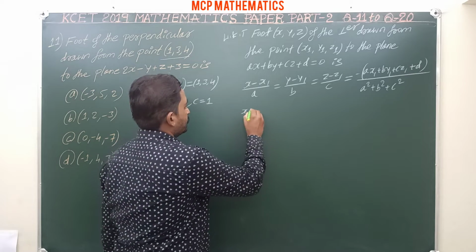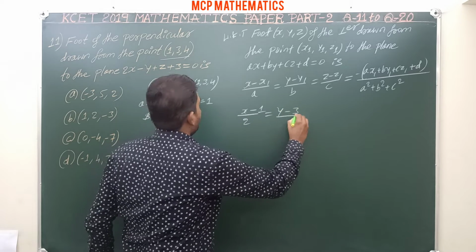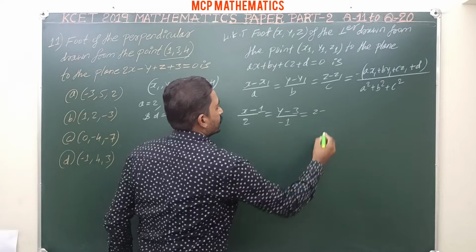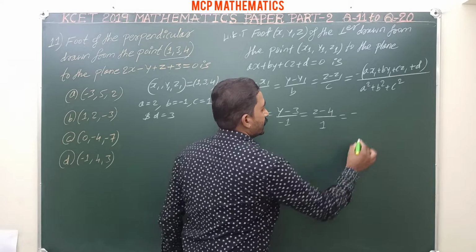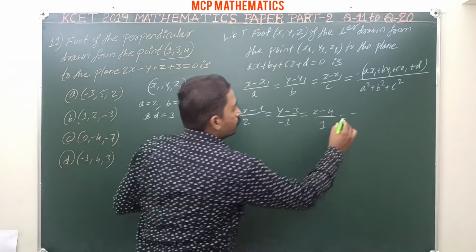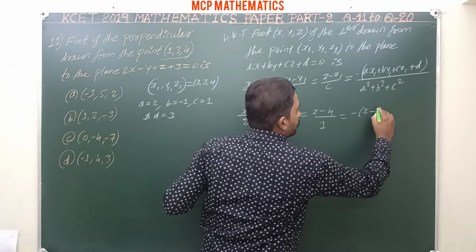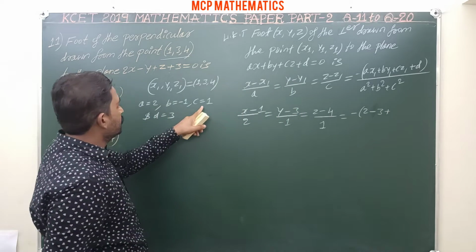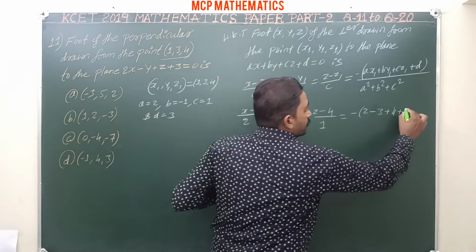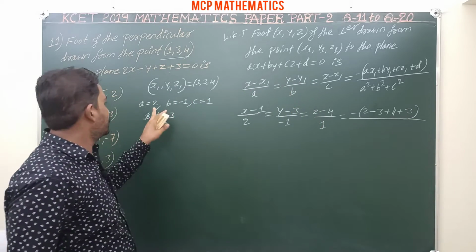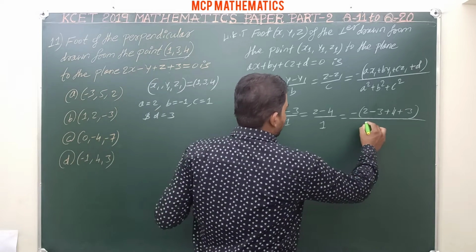So in this case, (x minus 1) divided by 2 equal to (y minus 3) divided by minus 1 equal to (z minus 4) divided by 1 is equal to minus of (2 into 1 plus (minus 1) into 3 plus 1 into 4 plus d, here d is 3) divided by (2 square 4 plus 1 square 1 plus 1 square 1), which is 6.